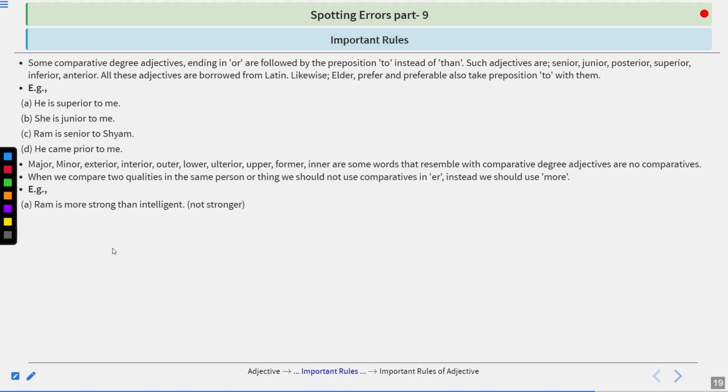If we compare someone with another or something with another, we use the -er form. But if we compare two qualities of the same thing or person, we use more plus the adjective form. So here we have used more strong instead of stronger, and more is preceding. I hope you have understood. "She is more clever than intelligent." Again, not cleverer.